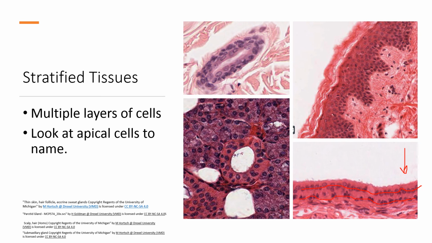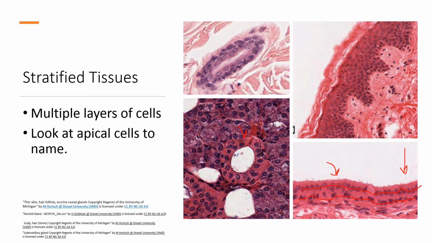That's the difference, okay? Now, remember with a stratified tissue, we name the tissue according to whatever the apical type of cell is going to be, whatever the apical cell is. So in this figure that I've been drawing all over, these are all columnar cells on the apical surface. So that's why this is a stratified columnar epithelium.